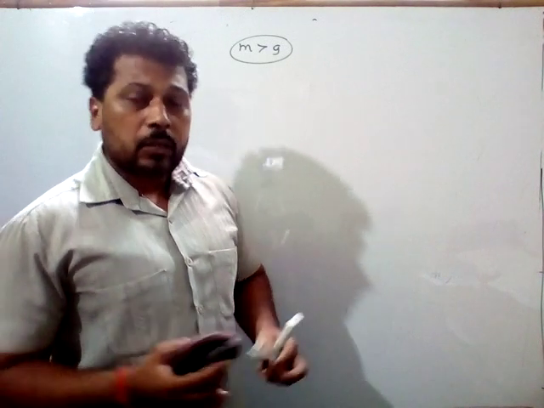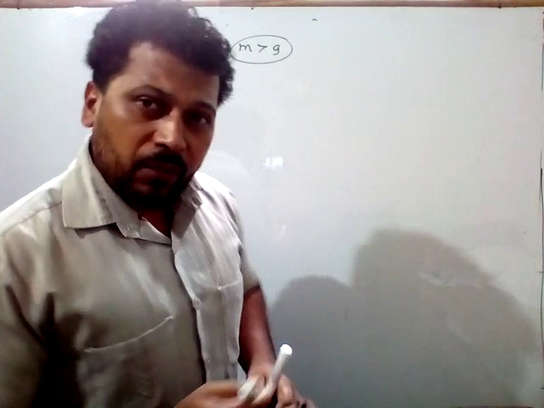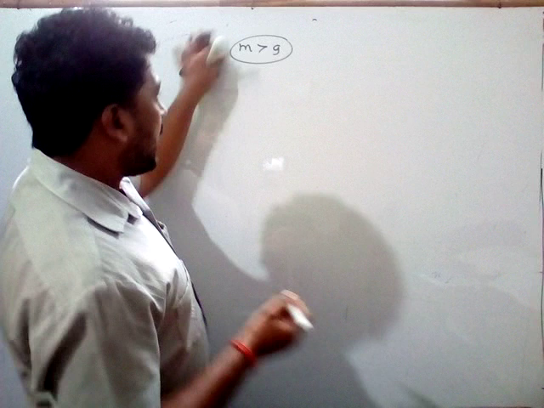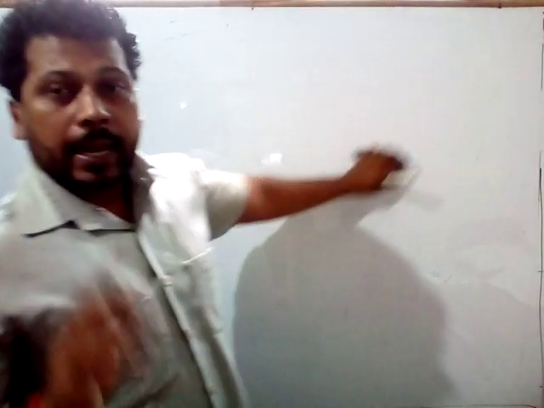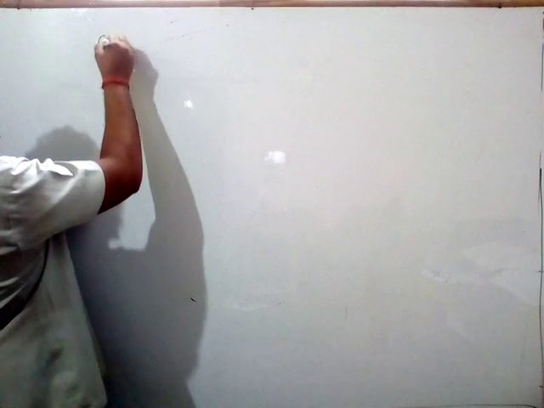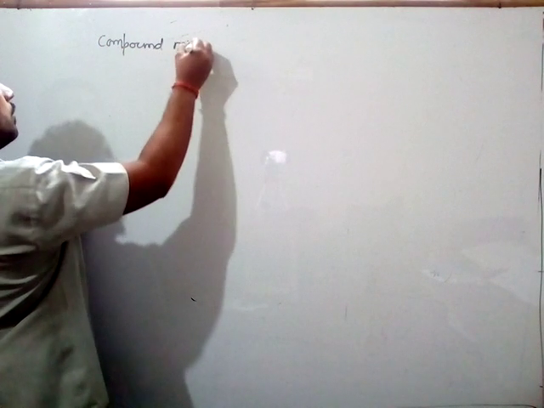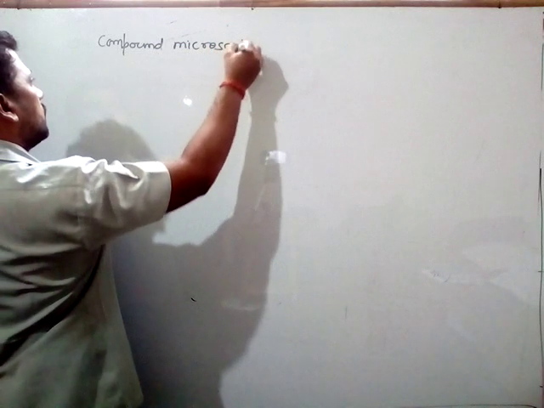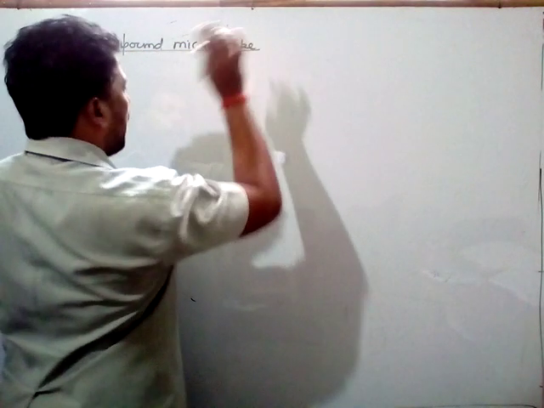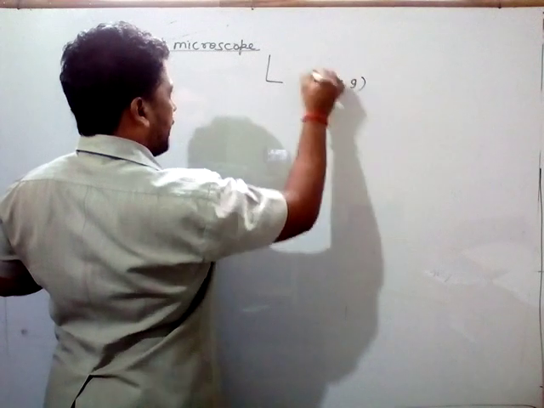A compound microscope is the combination of two convex lenses, in which one is the objective lens and the other is the eyepiece lens. For this we obtain a magnifying power greater than 9.